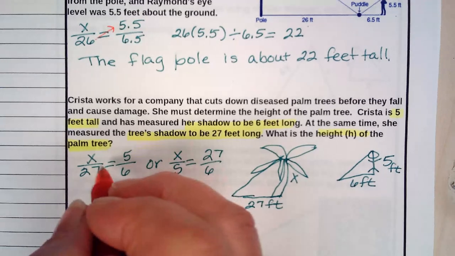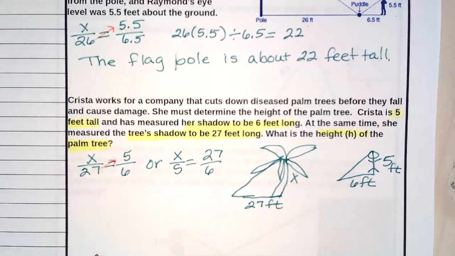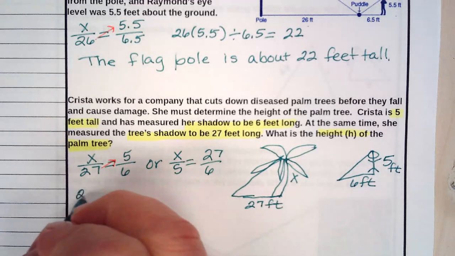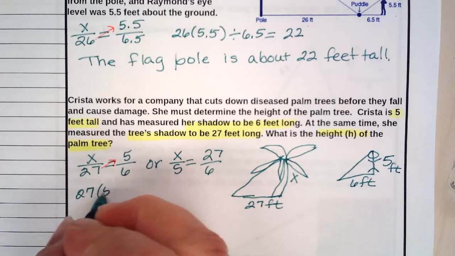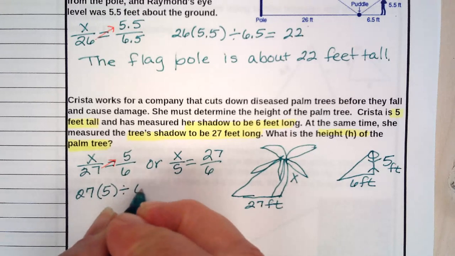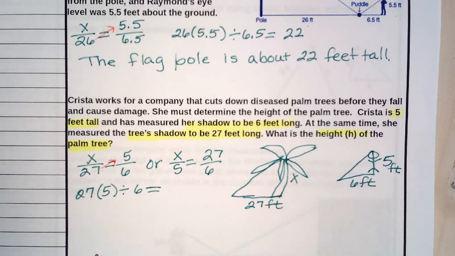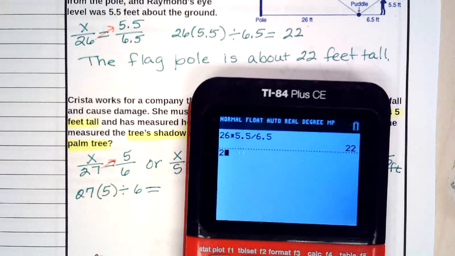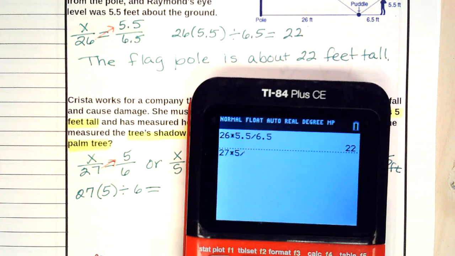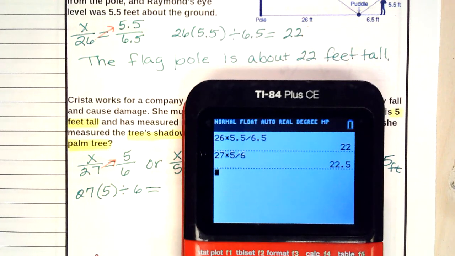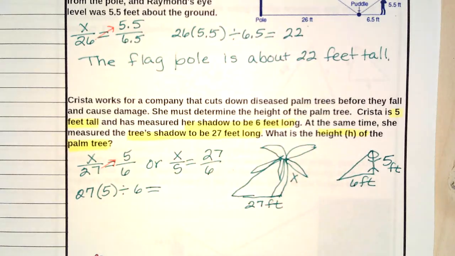In either case, you'll start with 27 times 5 divided by 6. And you end up with 22.5.